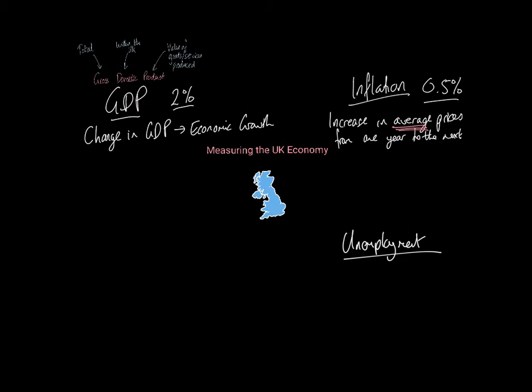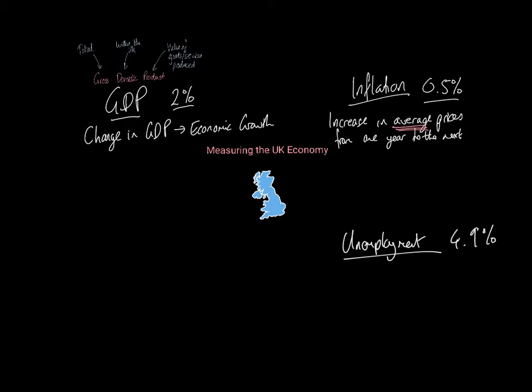So unemployment is obviously, now we're talking about the labour market in a particular country. Now, in the UK, the current rate of unemployment is 4.9%. And again, what we need to think about really is, what does that actually mean?